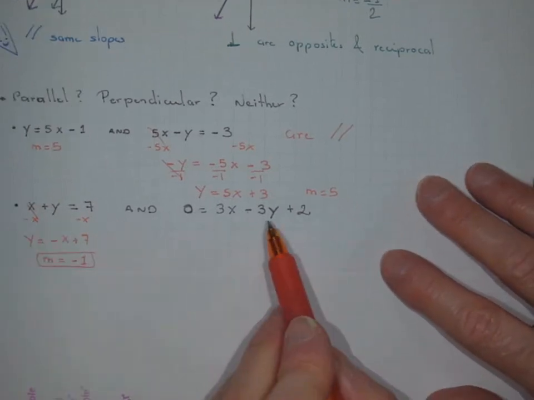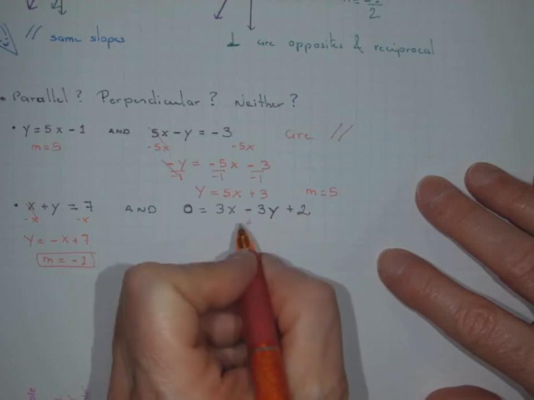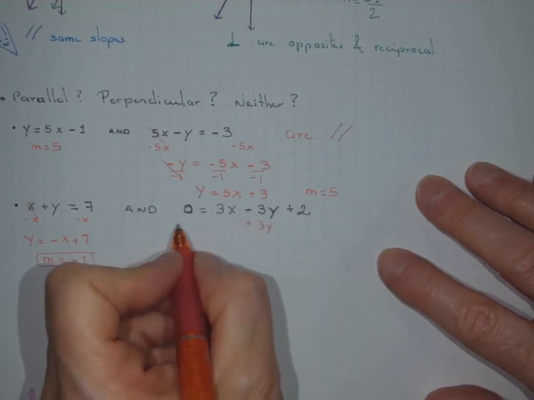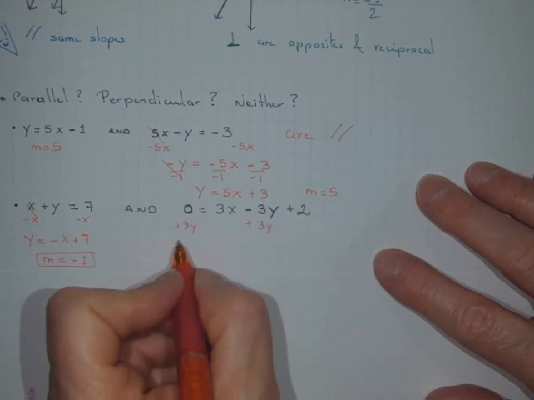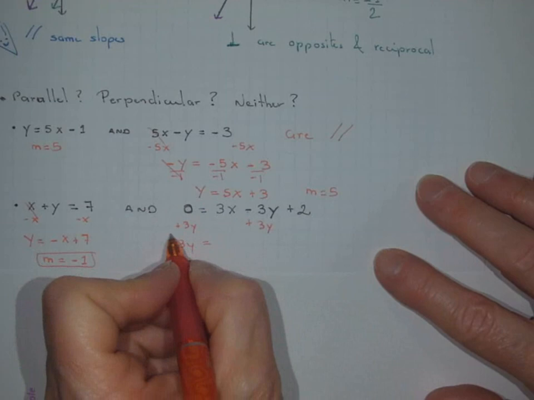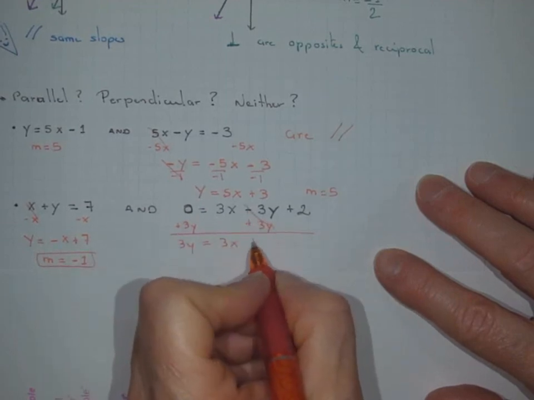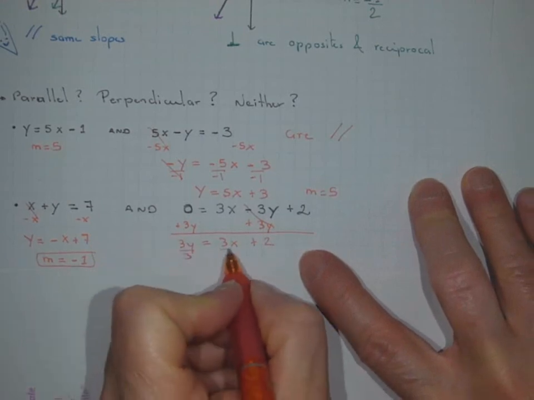How about this one? Well, we want y by itself, so I'm just going to say, hey, I have everything on that side. How about I just move the 3y by adding it to both sides, so I don't have to fuss with those two. So I'm going to have 3y equals 3x and then the plus 2 there. And now to get y by itself, I just need to divide by 3 everywhere.